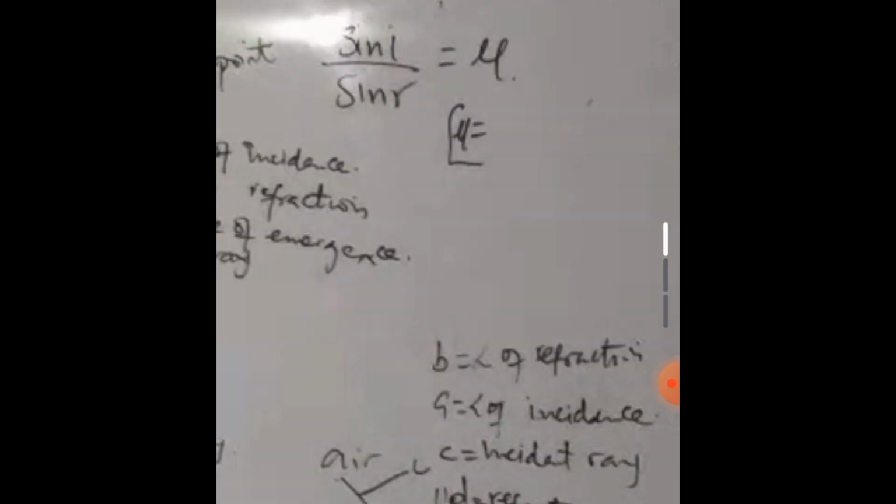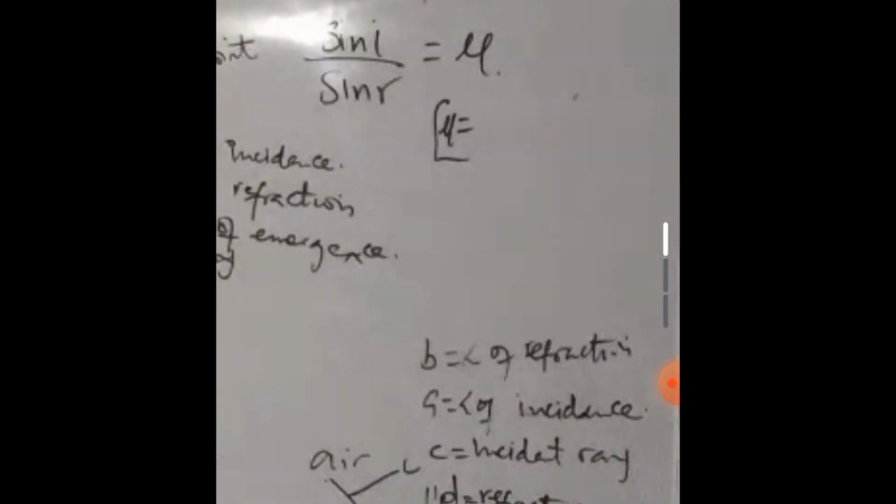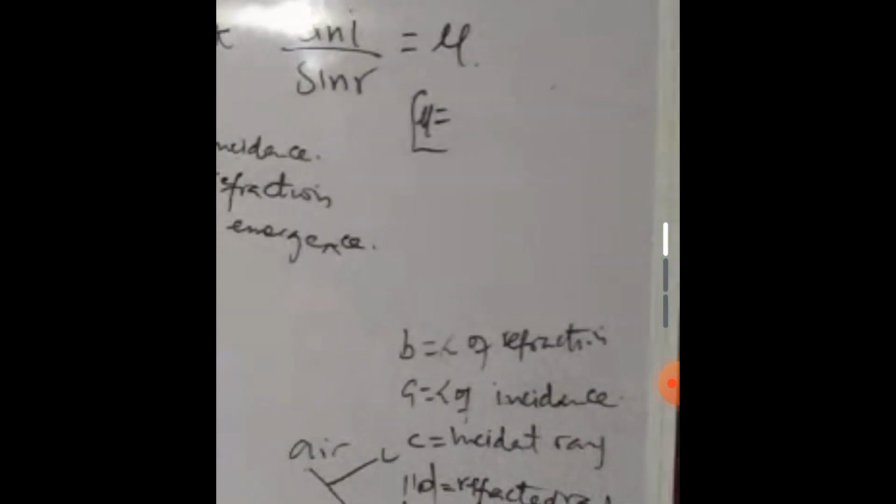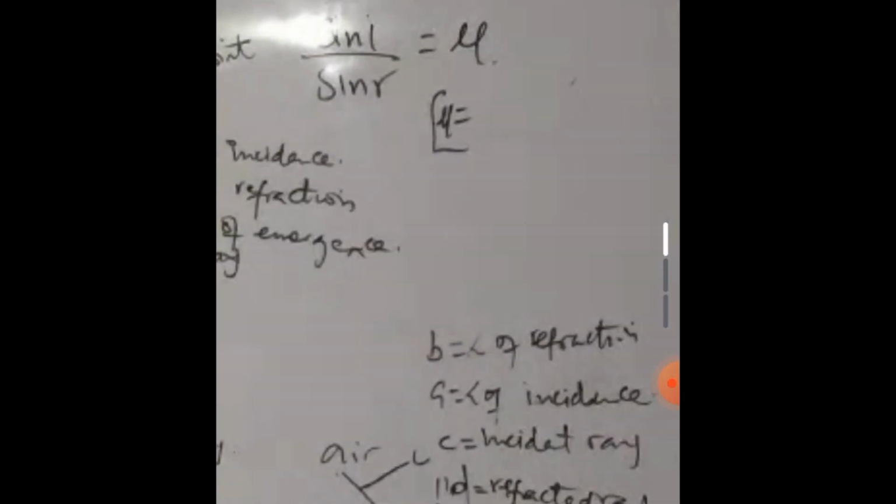Anybody? Another person, please. Mu is the constant. What is that constant known as? You know, in Ohm's law, there is a constant, R, known as the resistance.